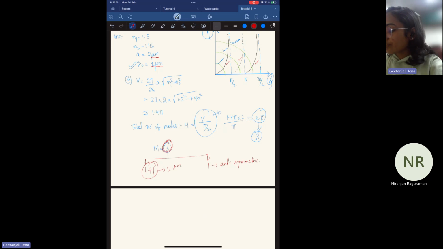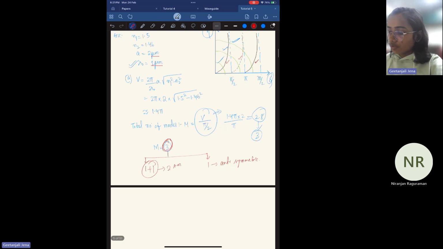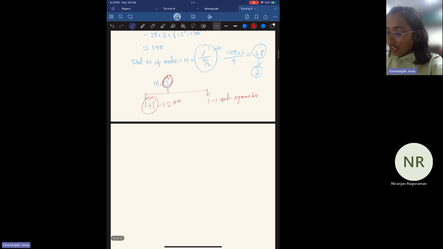So let us say we got 4. Then there will be 2 symmetric modes and 2 antisymmetric modes. If it is 5, then there will be 3 symmetric modes and 2 antisymmetric modes. Okay. And there is a formula also.